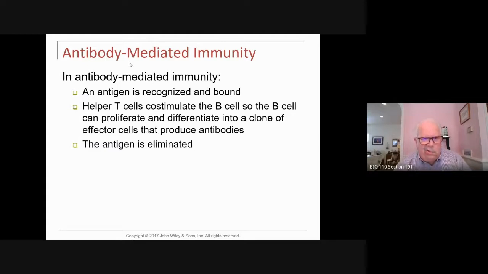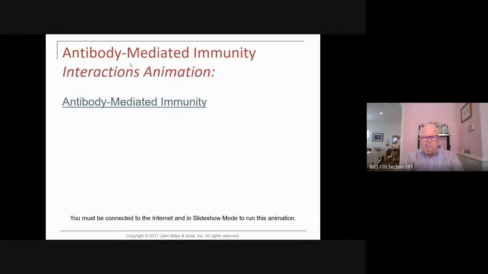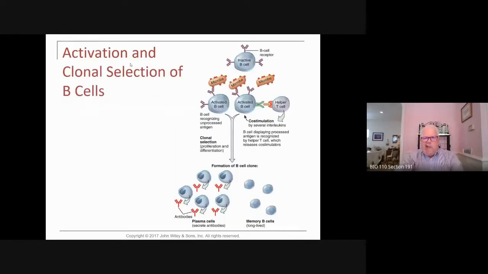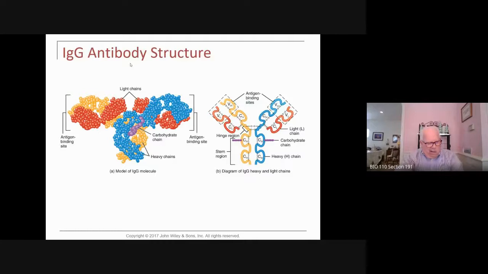If it's given to a CD8 cell, the CD8 cell will kill it. If it's given to a CD4 cell, a helper T cell, it presents it again to a B cell, and the B cell will produce an antibody and it'll kill it. All right? So that's antibody and cell-mediated immunity.